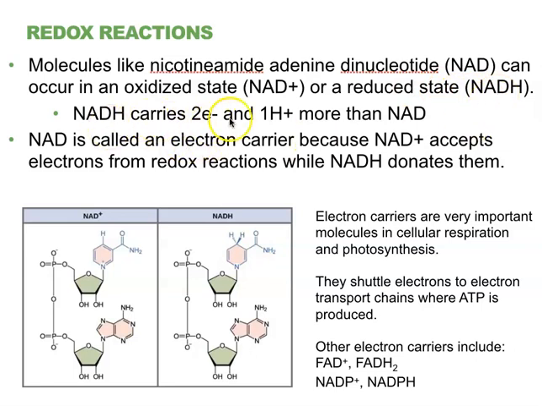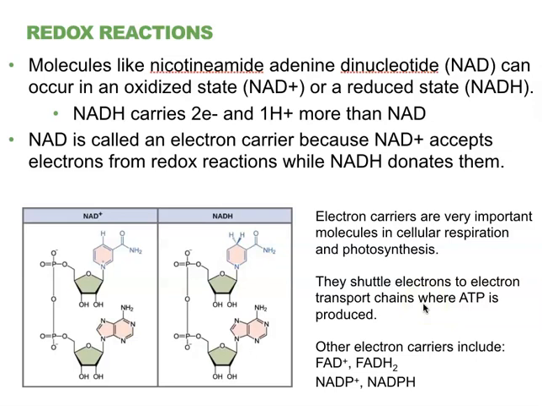NADH carries 2 electrons and 1 hydrogen proton more than NAD+, and because of this, it's carrying extra energy. Here's NAD+ to NADH. Electron carriers have a very important responsibility: they're shuttling electrons to electron transporters where ATP is going to be produced.